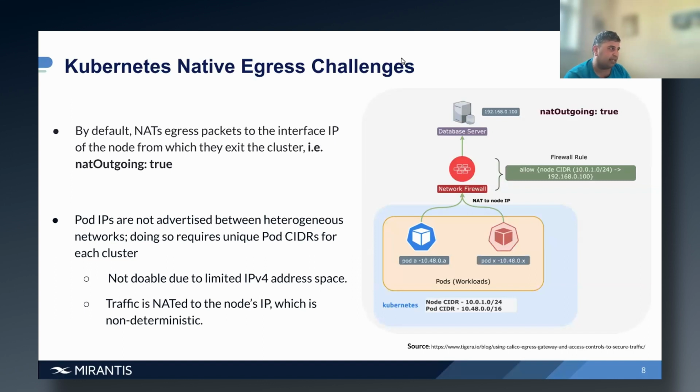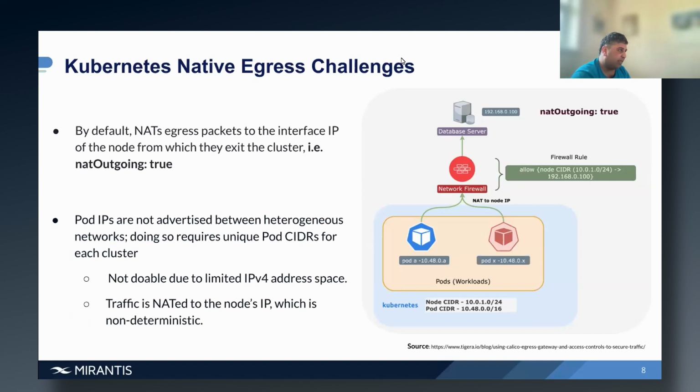To enable that access, the security admin must allow the entire node IP CIDR, 10.0.10/24, to provide access to that backend database server. That permits connectivity to the database server, but from any pod on any node within the cluster, because you're passing the whole node IP address.